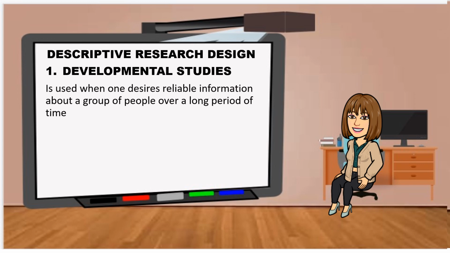What is developmental studies? It is used when one desires reliable information about a group of people over a long period of time. Example, a study on autistic children from 1 to 5 years old.